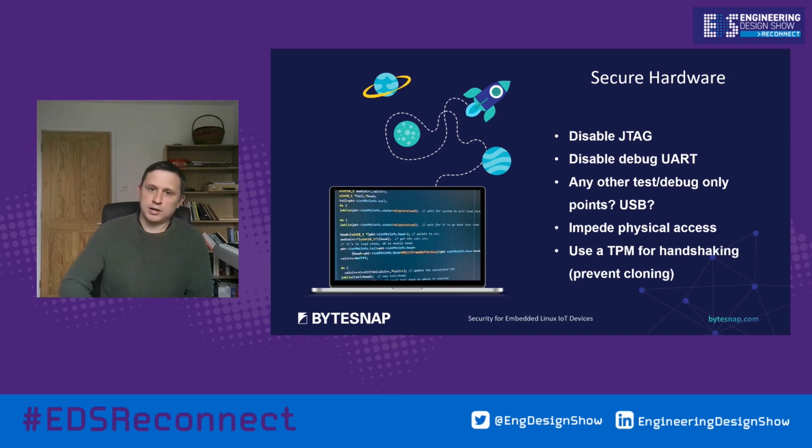That's probably number one. The next one is debug UARTs. Pretty much any embedded device will use debug UARTs during the design and prototyping stage, but they shouldn't be left in once shipped to customers. If you look online, you can find lots of blog posts and videos of people using oscilloscopes to find these debug ports, and then they find that it gives you a login prompt where the username is root and there's no password, or it's a very easy to guess password.